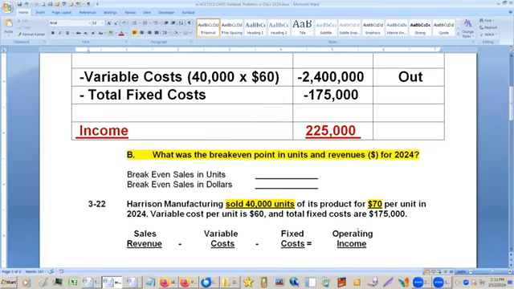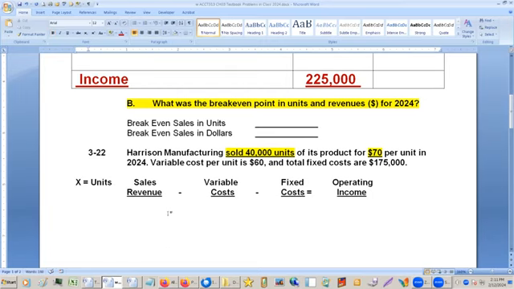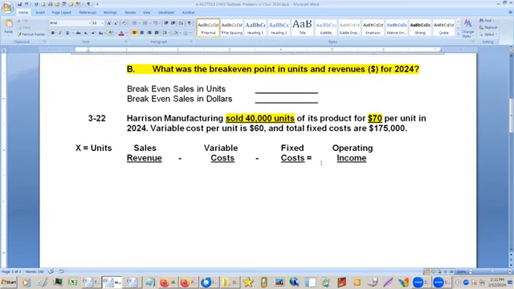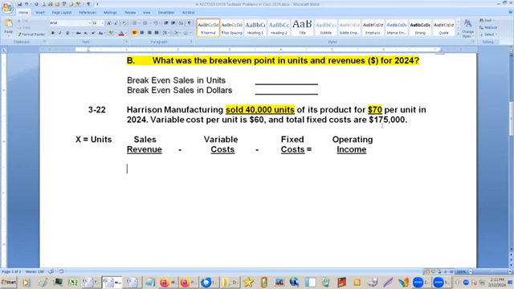Okay, so let's see. I'll do it over here somewhere. Okay, so x equals units. So we don't know how many units it is yet, but we know that each unit is being sold for $70.